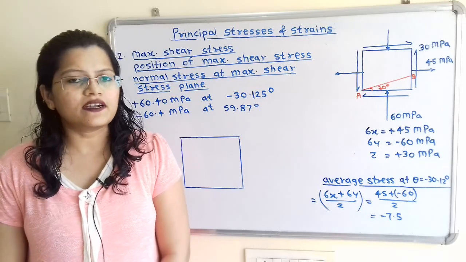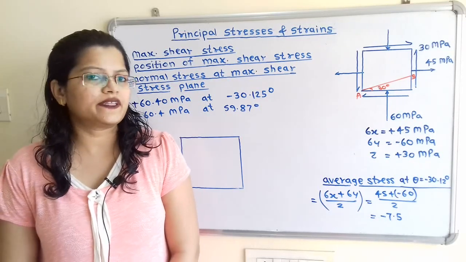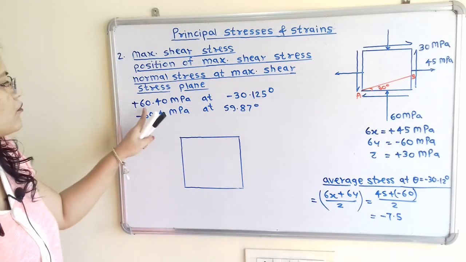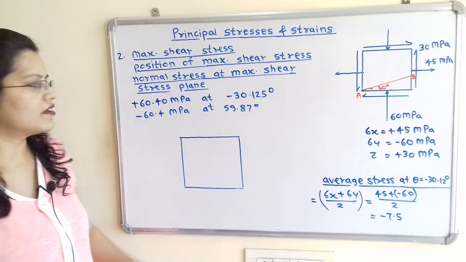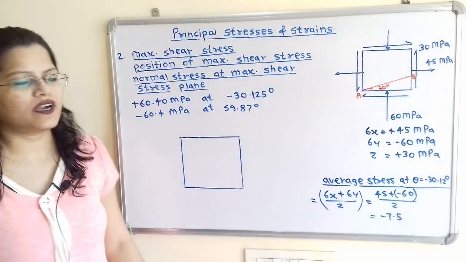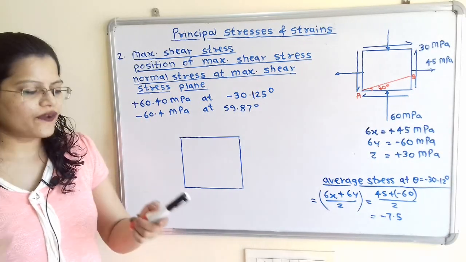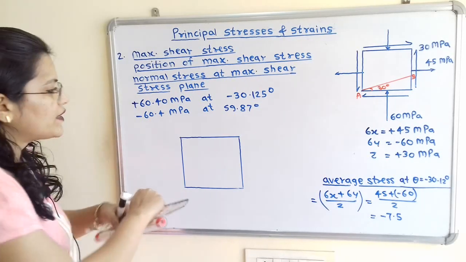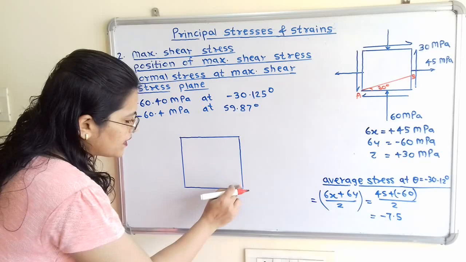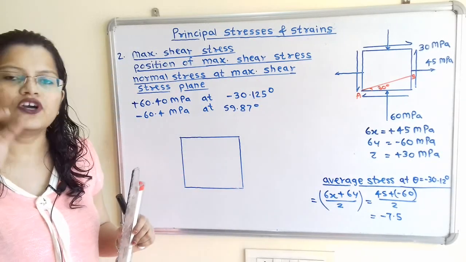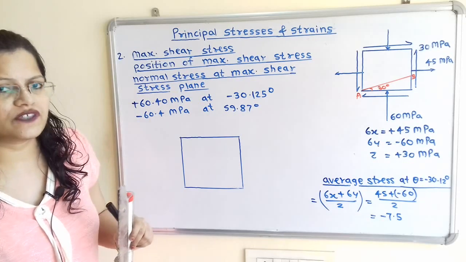Now we will understand how to locate the maximum shear stress. So the maximum value we have to take at the first angle, and the first angle is minus 30.125 degree. So when the angle is positive, how to locate it? We have to consider this vertical line and move in the anti-clockwise direction to locate any positive angle.